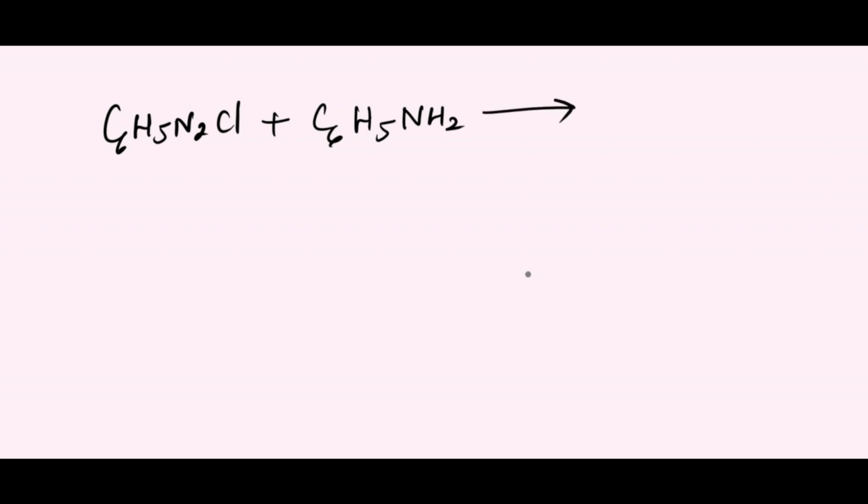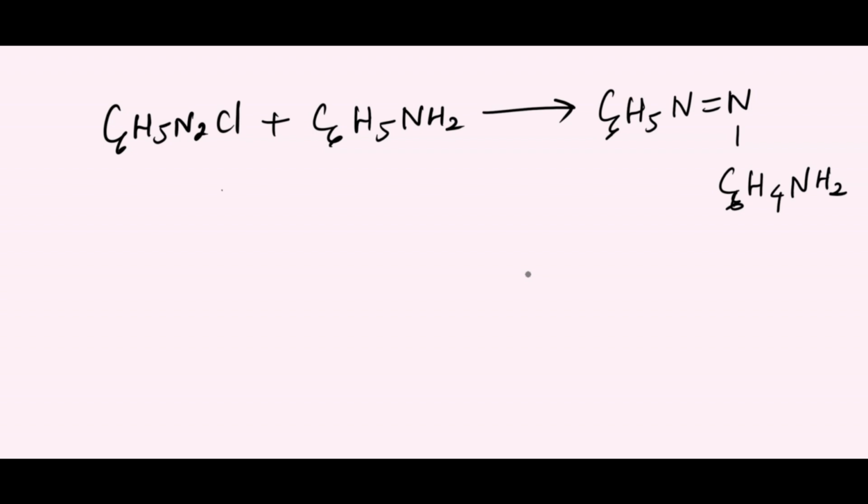What about with the diazonium salt? I am adding amine, C6H5NH2, maintaining a pH of 4 to 5, slightly acidic pH, giving C6H5N double bond N, C6H4NH2. At the para position, it will get substituted. It creates like this.